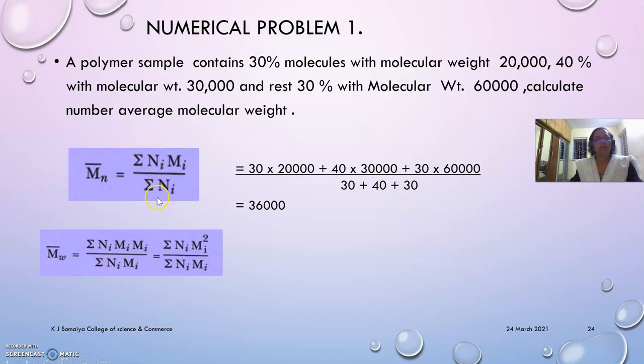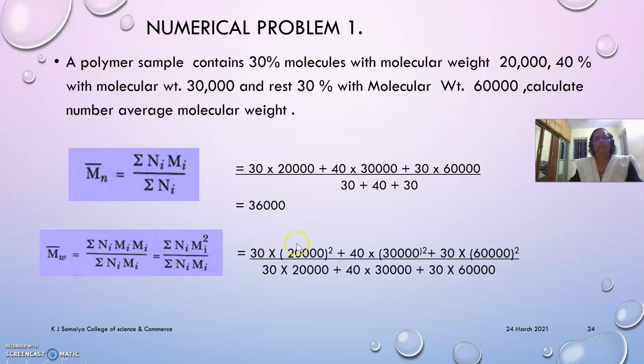So summation of number is replaced with weight, Ni Mi. Simplifying this, we get the formula as summation of Ni Mi square upon summation of Ni Mi. So it is simple.